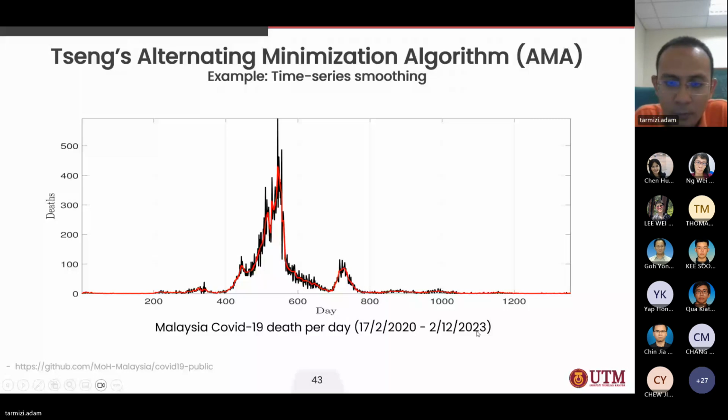For those who work in time series, which plays a major role in economics and other fields, they usually look for trends, right? They just want to get rid of these ripples. So this is one of the applications of time series smoothing.